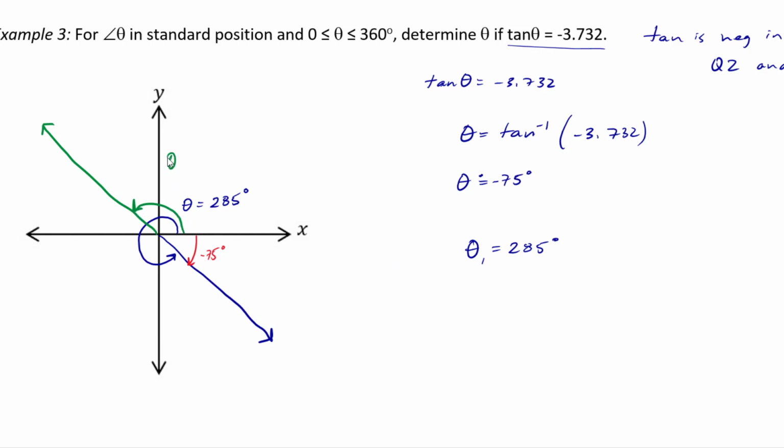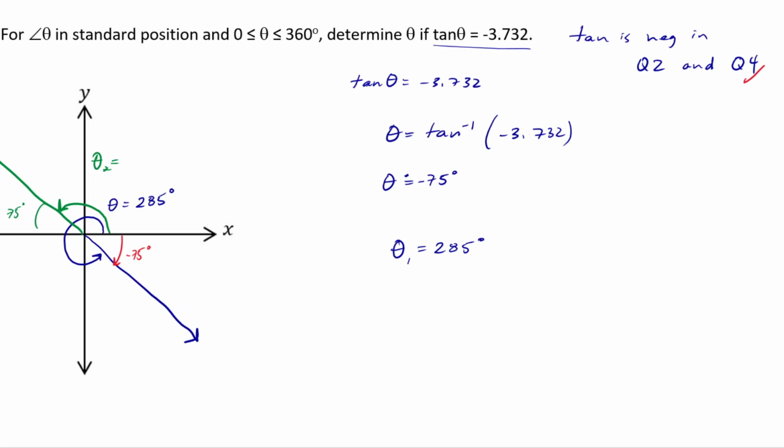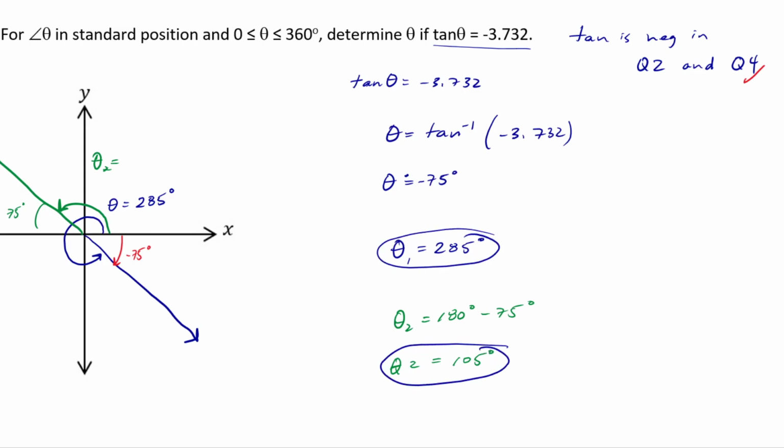So green theta, that's theta 2. We know that the related acute angle is 75 degrees. So then theta 2 is equal to 180 degrees minus 75 degrees, and that means that theta 2 is equal to 105 degrees. So there are the two possible answers. Theta could be 285 degrees or 105 degrees.